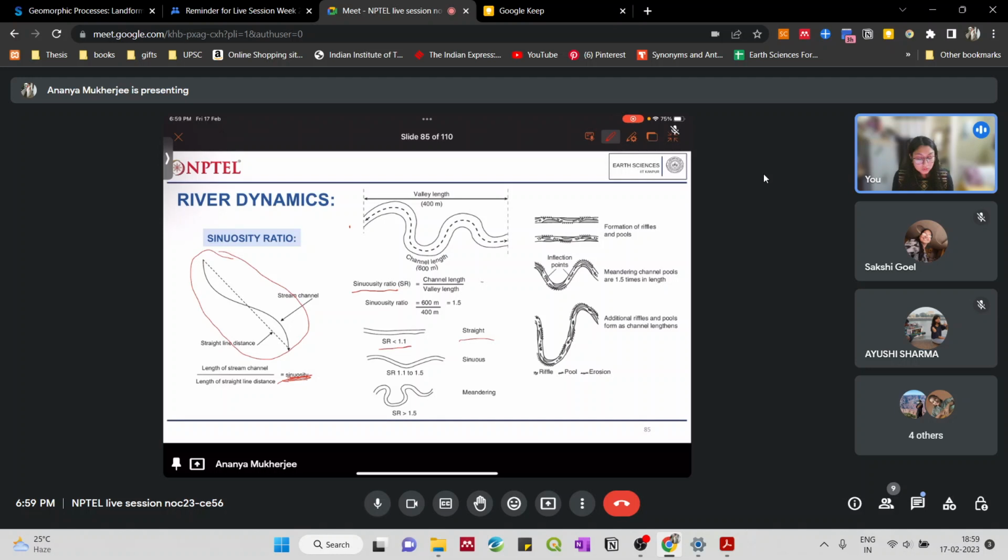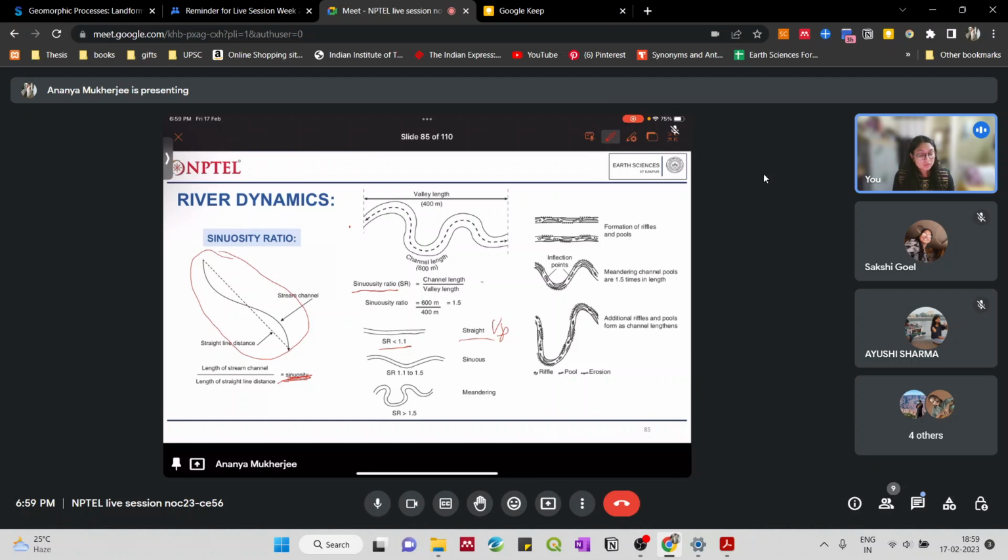You will see most of these occurring in the upstream areas. Then sinuous in nature, you will find 1.1 to 1.5, and then you have the meandering nature, that is going to be more than 1.5. And we will see how even from the meandering stage it can go back to being straight again. This effect is also due to the depositional and the erosional nature of the riverbed.